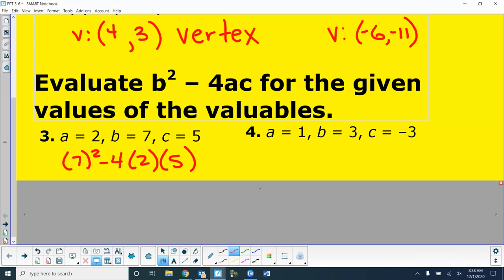Okay? So both of these would open up, right? What's the c value? That's the y-intercept. So the y-intercept for this one's 5, for this one's negative 3. Okay? Just trying to review some stuff we should know already.